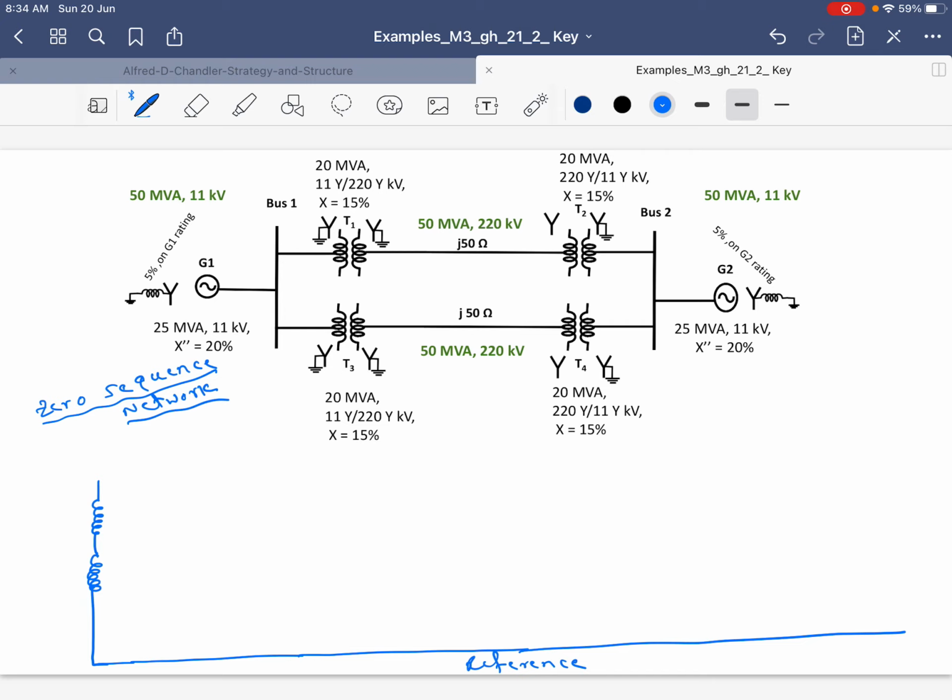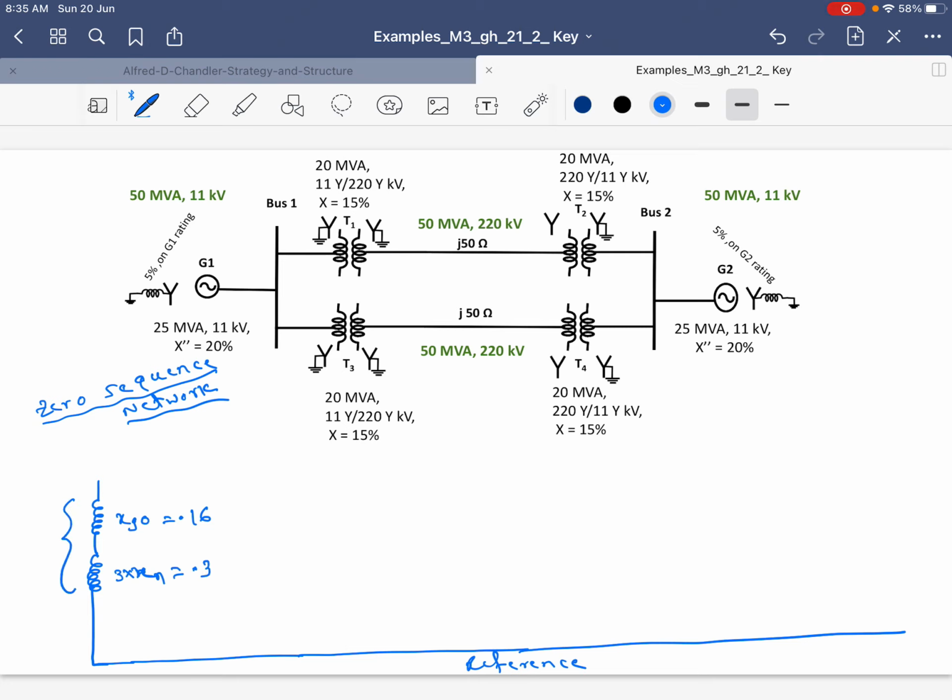It is grounded, which is why it is connected here. Xg0 is given as 0.08, which you are converting into the new base quantities. That gives a total of 0.16, and 3 times Xn, with Xn being 0.05, gives 0.3.